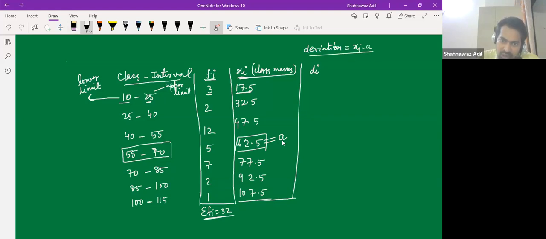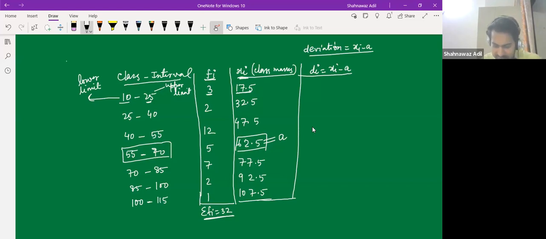You have assumed this as a, so di would be xi minus a. What would be di for the first row? 17.5 minus 62.5.